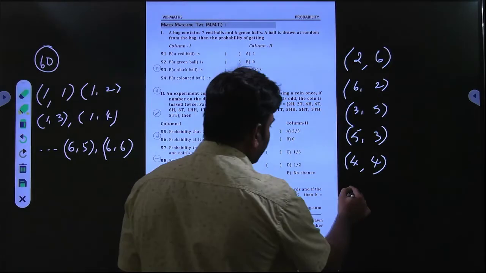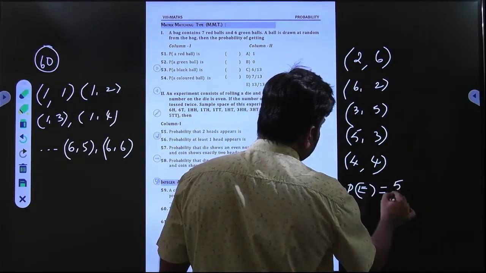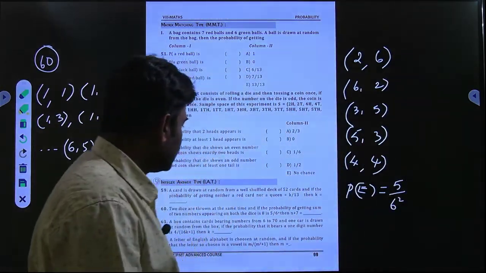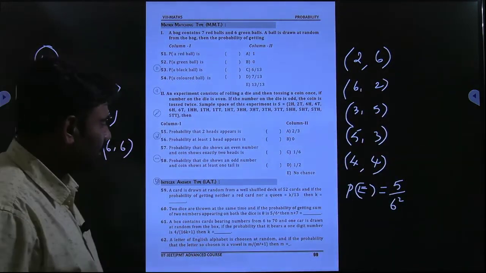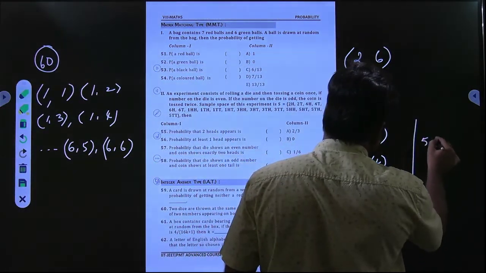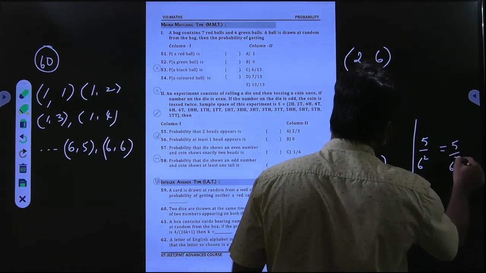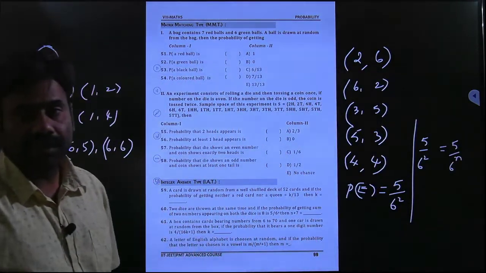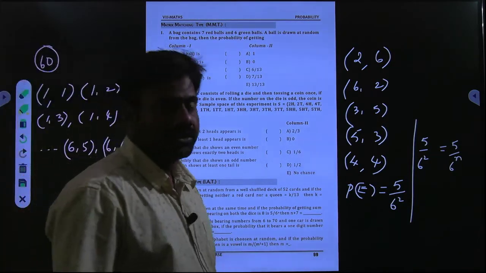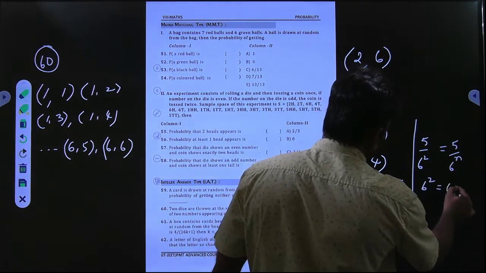Then the probability of this event is 5 by 6 power 2. But in the given question, the probability of this event is given as 5 by 6 power n. So let us take 5 by 6 power 2 equal to 5 by 6 power n. Here two fractions are equal and both numerators are equal, so the denominators should be equated, meaning 6 power 2 is equal to 6 power n.